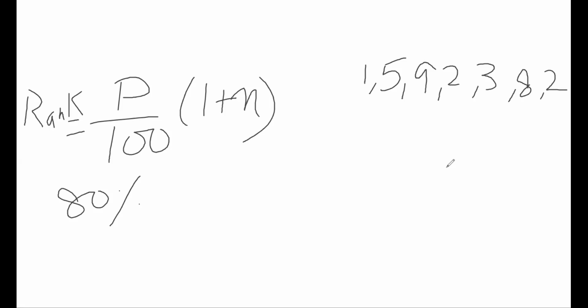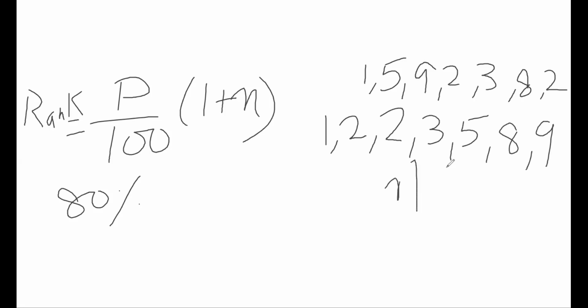So our first step is arranging in ascending order: 1, 2, 2, 3, 5, 8 and 9. So here n, the number of observations, is 7.